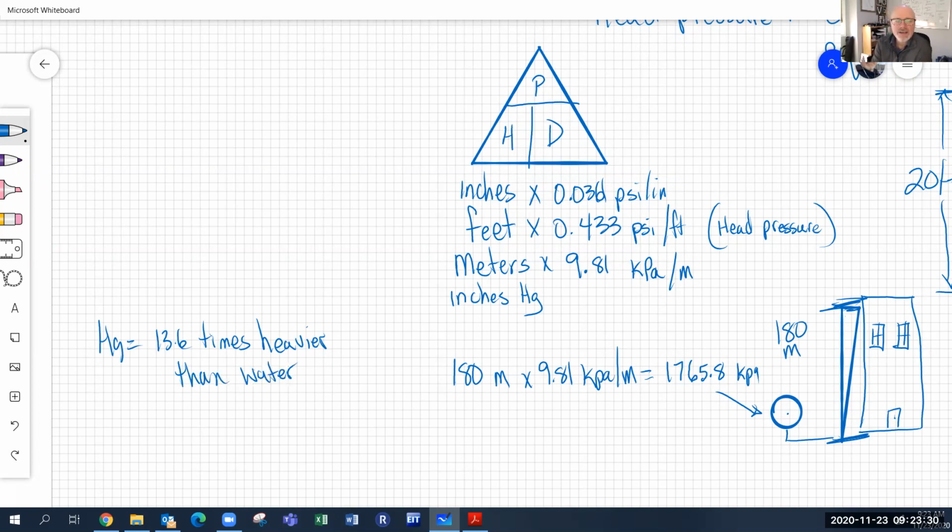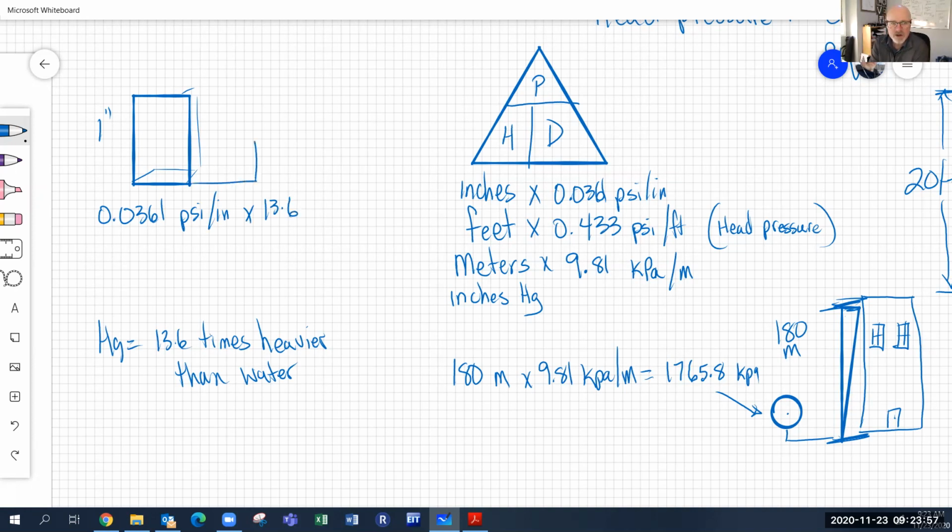So if I had a column of mercury 1 inch tall, full of mercury, and it's over a square inch base, we know that water is 0.0361 PSI per inch, and mercury is now 13.6 times heavier than water.